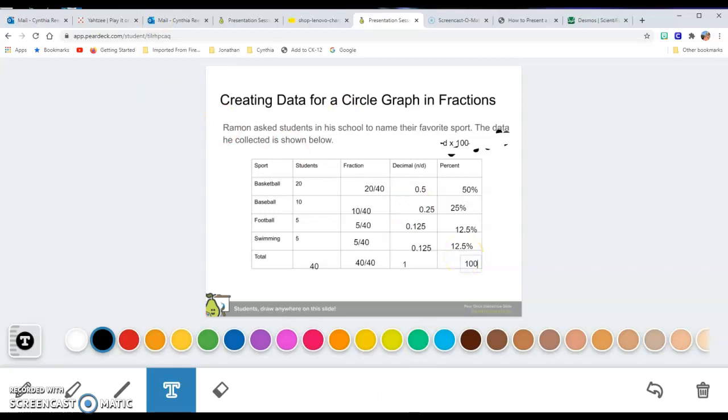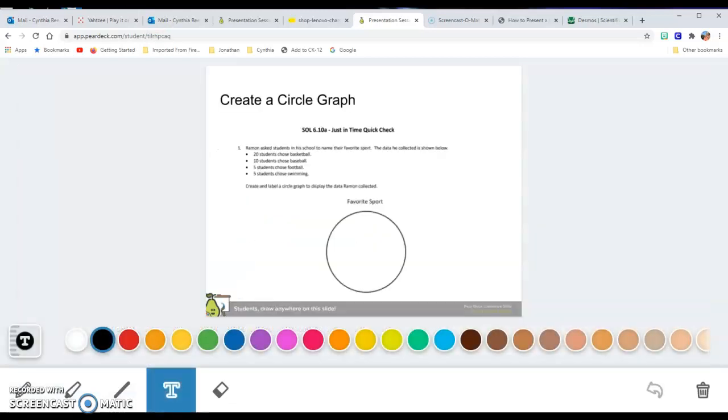So the next thing I'm going to do, I'm going to go to the next slide, and I'm going to draw my circle graph. So it says Ramon asked his students their favorite sport, collected the data. So now I'm going to draw my circle graph. And since 20 students is half of 40, I know that I'm going to split this circle right in half.